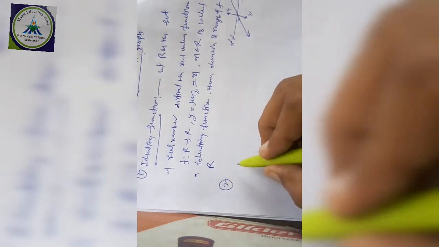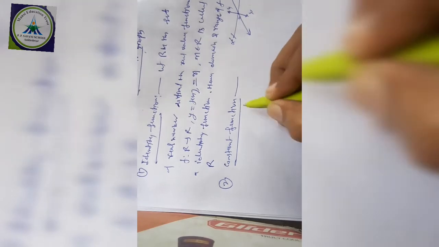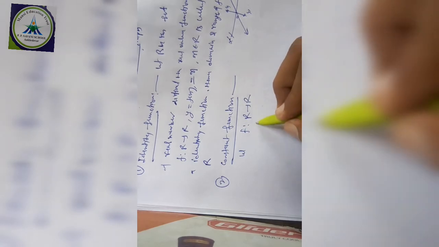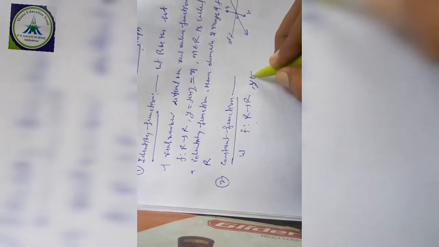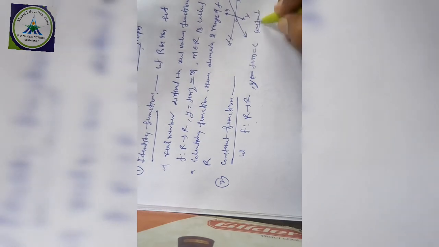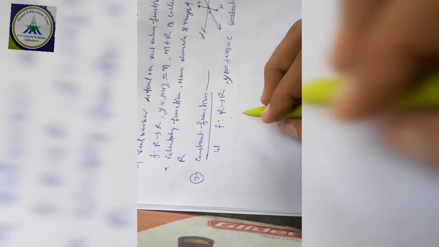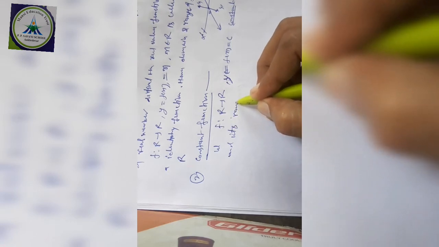Number 2, constant function. Let f be a function from R to R, so y equal to f of x equal to c, where c is a constant, so c also belongs to R. Its range is c, the constant.